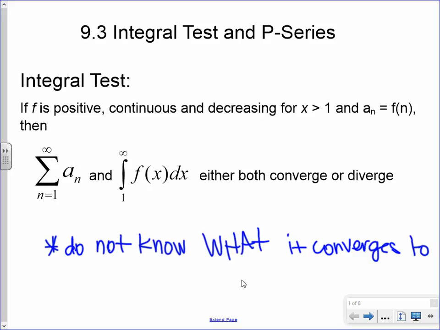But the integral test is only going to tell us if it converges or diverges. That's it. Is it going to be the only way to find that for some of them? Yes, and I'll talk here pretty soon about when I think you should use the integral test.